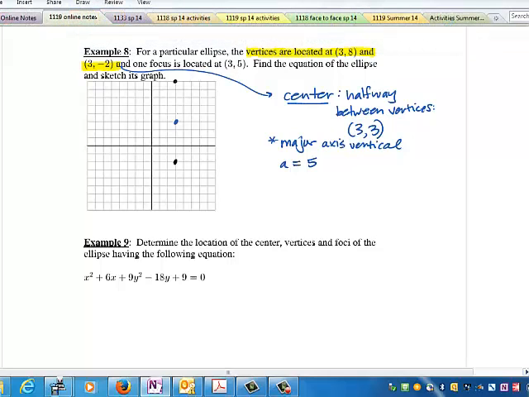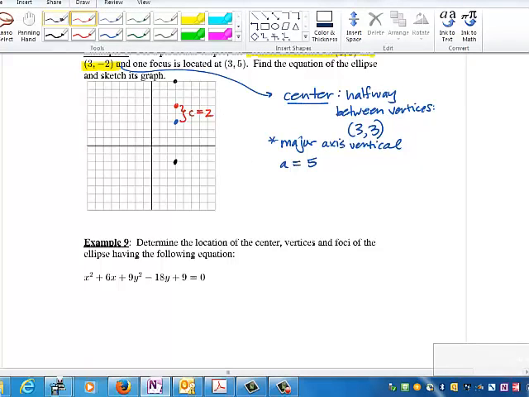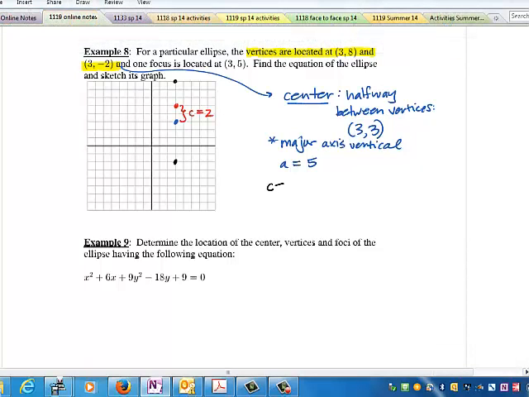So if we think about what that tells us, 3, 5, the distance between the center and the focus is C. So C has to just be 2. So now we know A is 5, C is 2, C squared is A squared minus B squared.